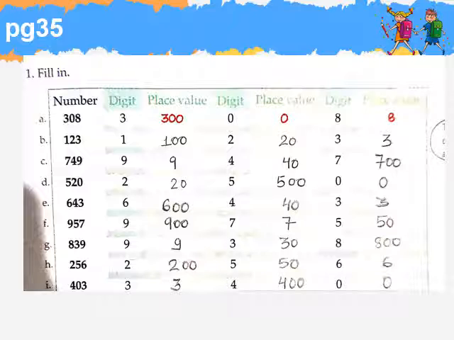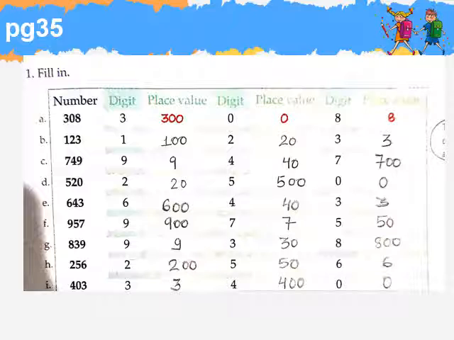Look at the next part, D. The number is 520. Children, here first you have to find out the place value of digit 2. So in 520, digit 2 is at tens place. So its place value is 20.